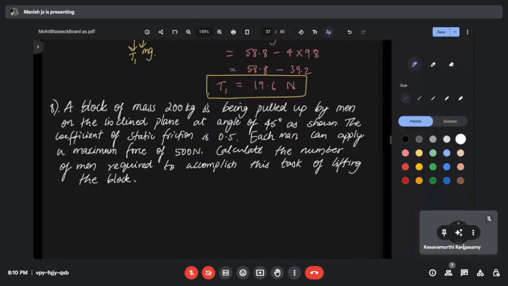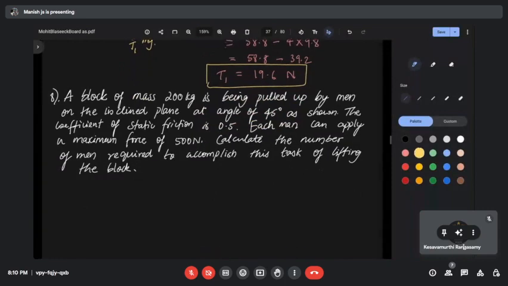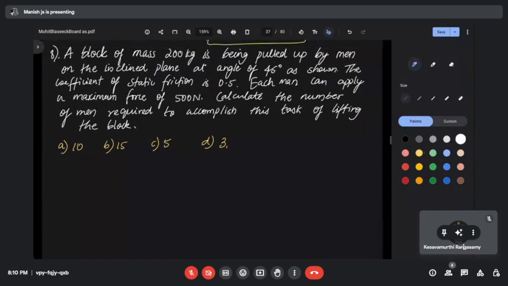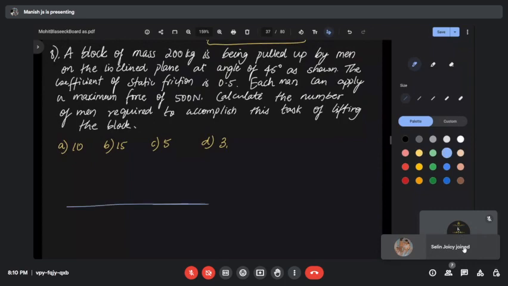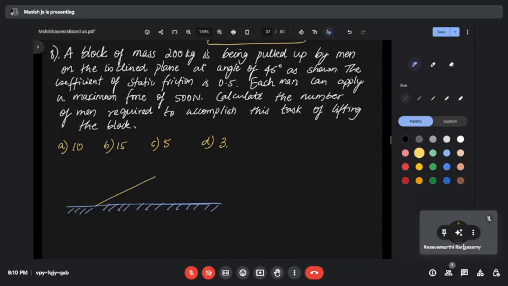Okay, so I'm giving you the options first. Option A, 10 men, option B, 15, option C, 5, and option D, 3. And here comes the diagram. The horizontal, and there is an inclined plane on the top, like this.